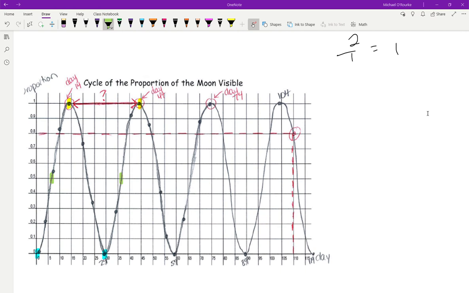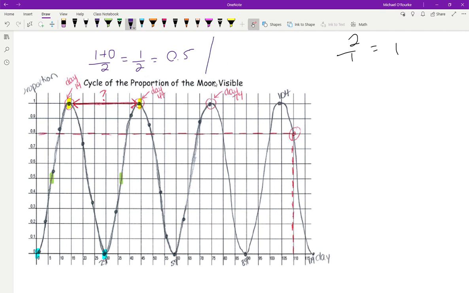Can anyone tell me? What line cuts this curve in half? So our max plus our min. Good. Max plus min, divided by 2. Good.